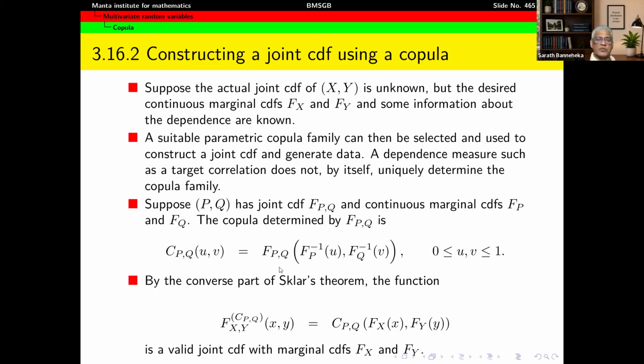But if, instead of F_P evaluated at some value P and F_Q evaluated at some Q, you substitute Fx and Fy, you get some expression still.